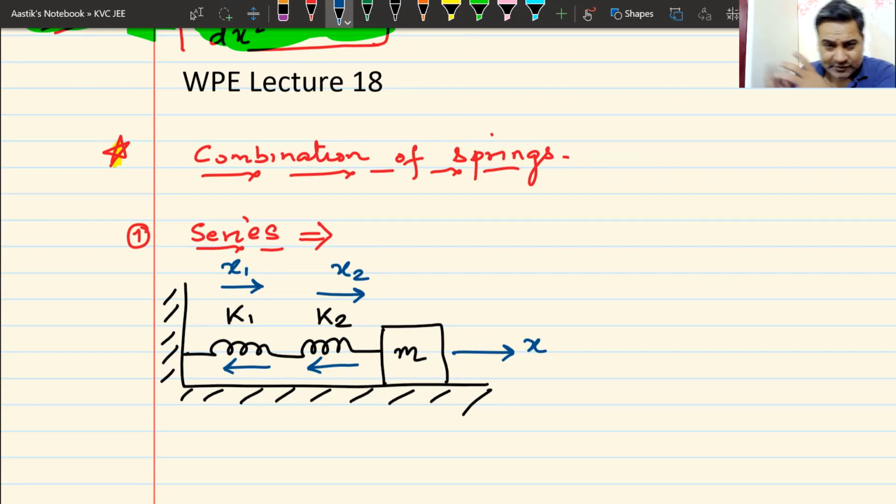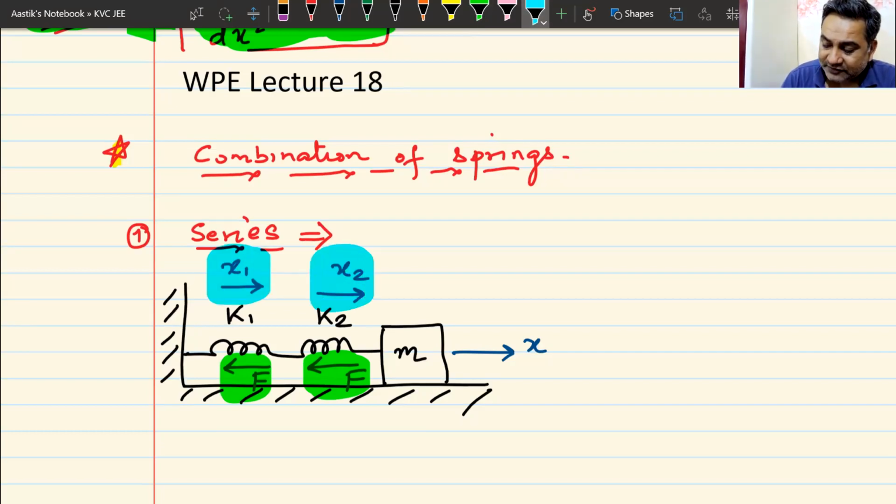So the force acting on both the springs, F, would be same, but the extension in both the springs would be different.